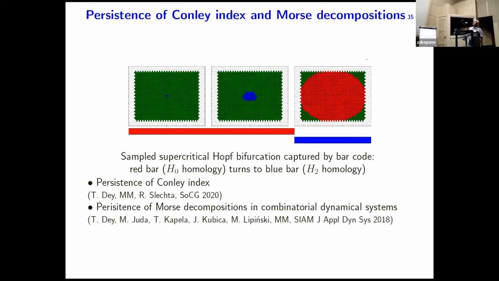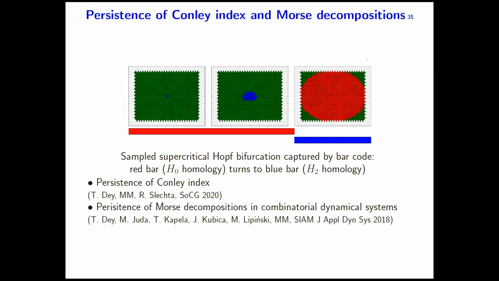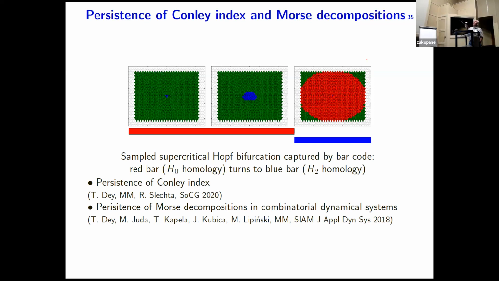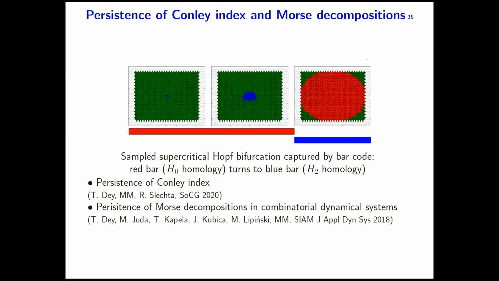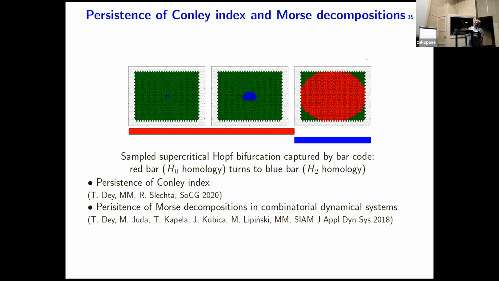So you can actually do the TDA here, and you actually grasp the presence of this Hopf bifurcation via this barcode, where this red bar corresponds to this attracting bounded region, and then the blue one corresponds to this periodic trajectory.